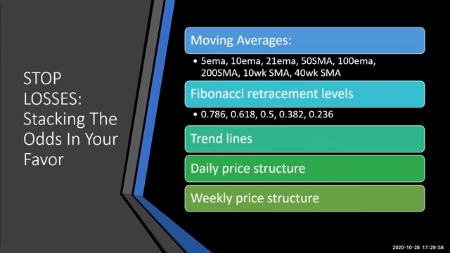That's what we want support to be. So if you do get stopped out, that's a good thing. There are so many times where if you get stopped out, you're exiting before price falls apart, if you're setting it at the right spots.